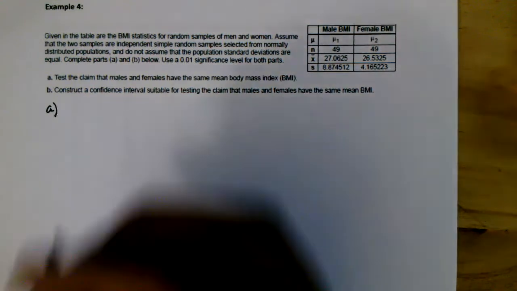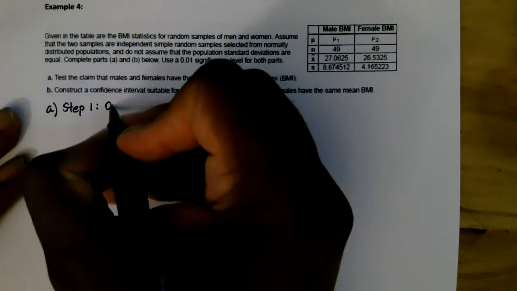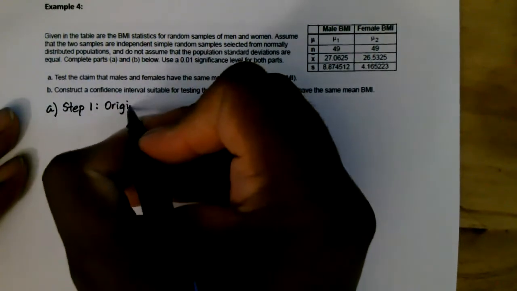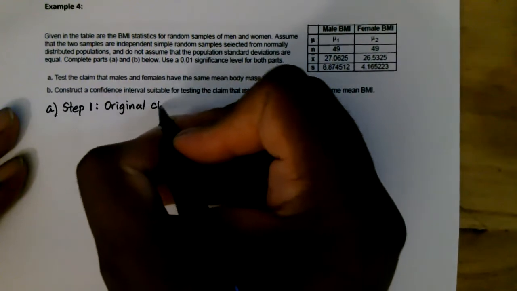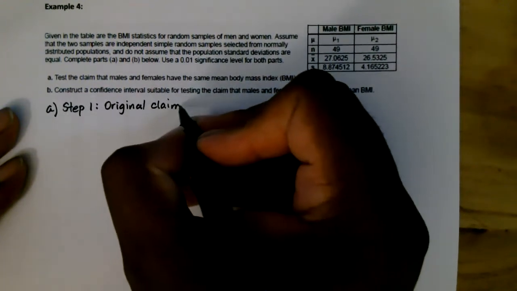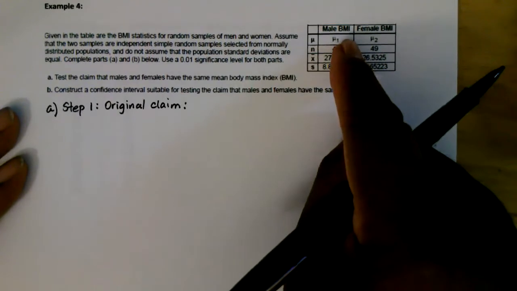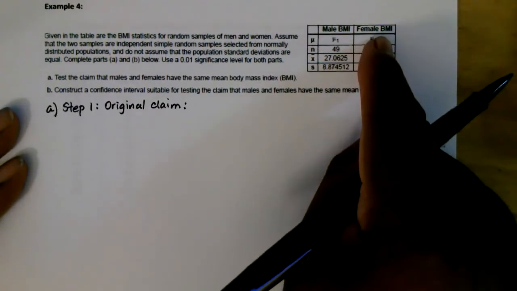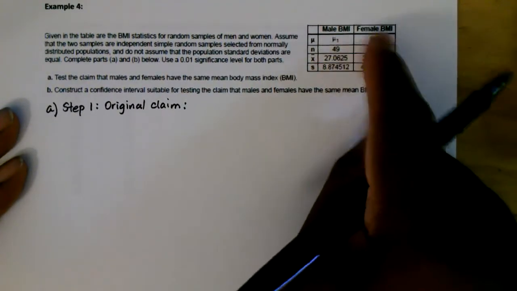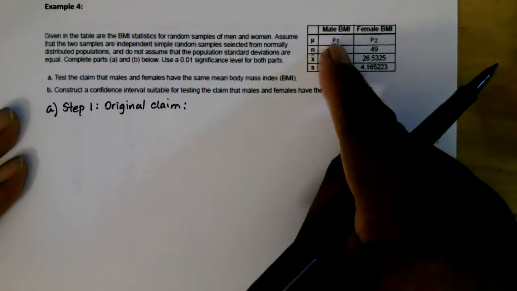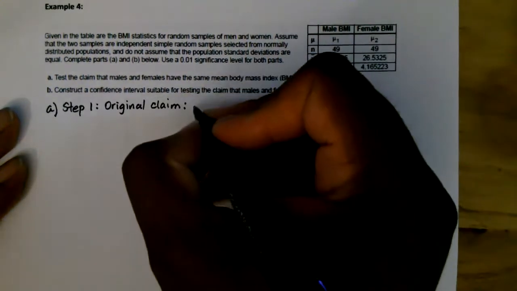All right, so step number 1 is the original claim in symbolic form. So here, males and females have the same body mass index. That means that mu1 must be equal to mu2.